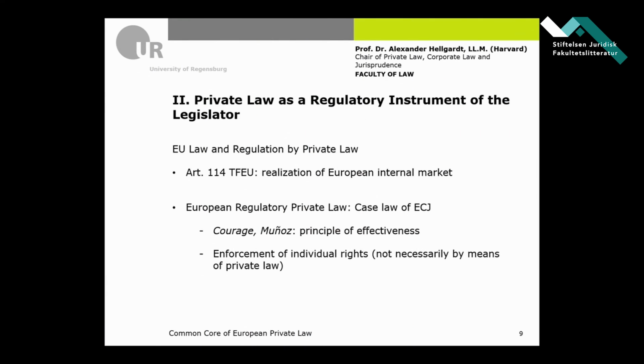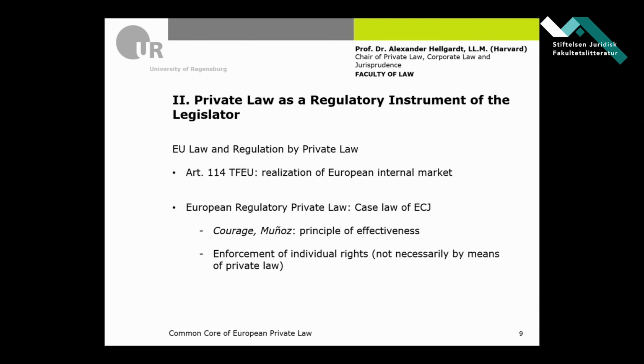The second approach, from which a duty of the member state to use private law for the enforcement of Union law may arise, is complementary to this. The starting point is the protection of individual rights, which the ECJ has already recognized in the fundamental Van Gend en Loos case.